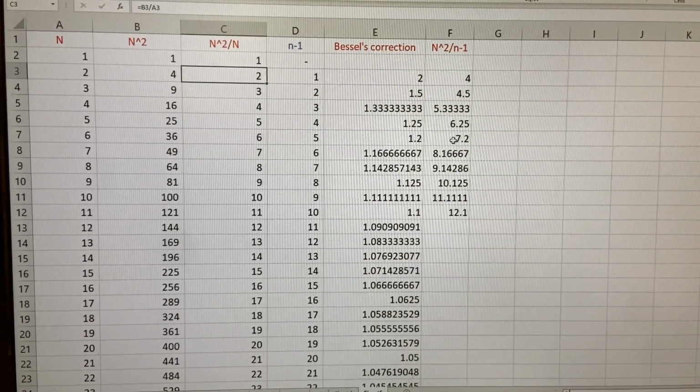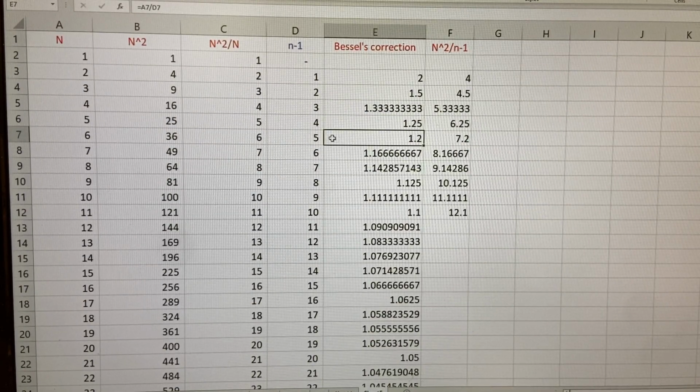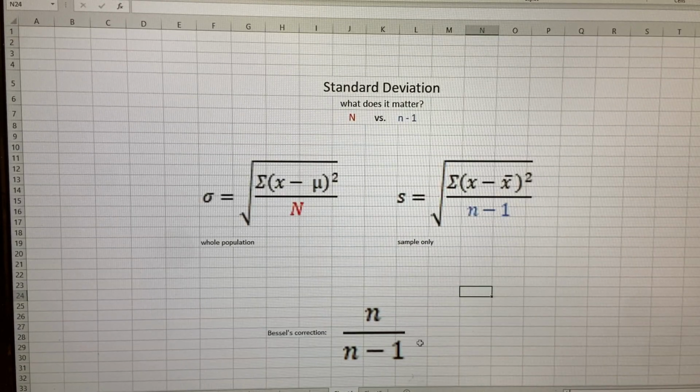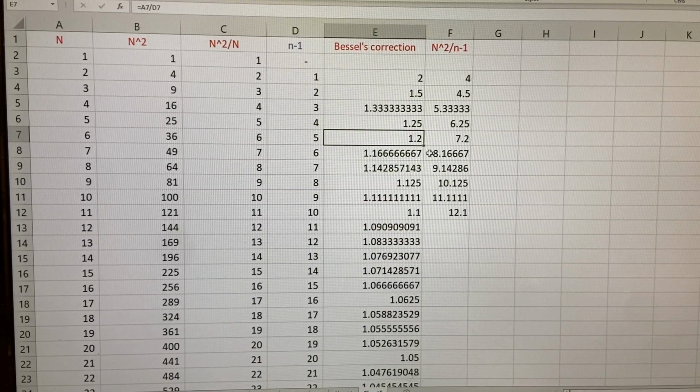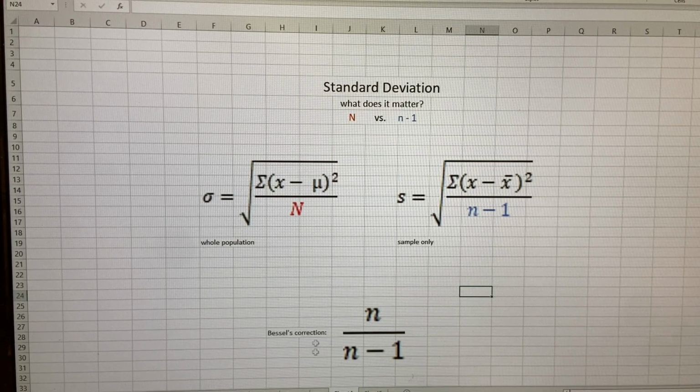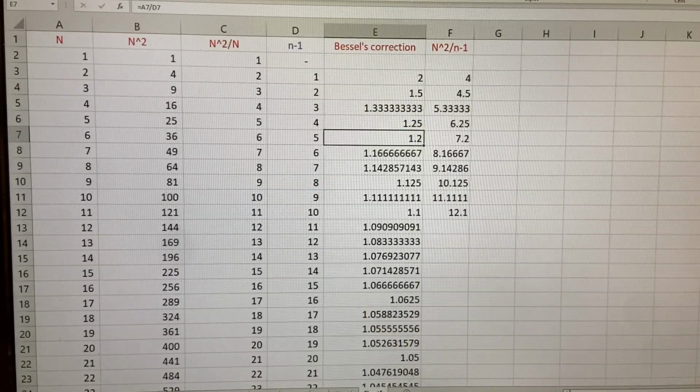I hope this makes sense. And 7.2 is 1.2 times more than 6. So Basil's correction here, even though it looks like it's in this format here, it still works as it should. This is how math works. But this is just stating Basil's correction here in a simple fractional format.